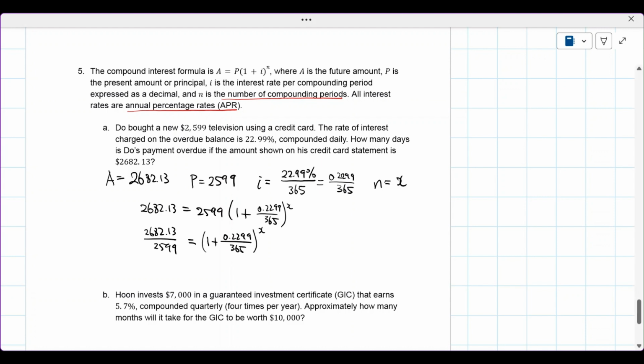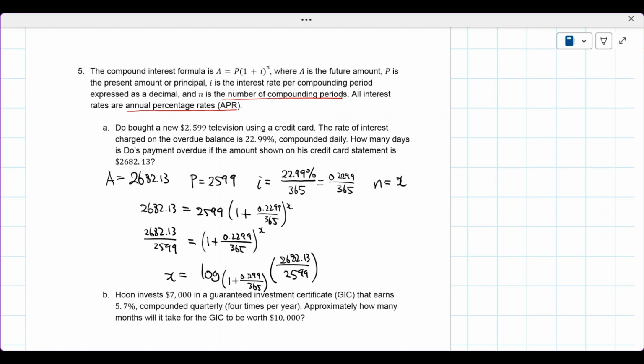Now, let's take the log on both sides to undo the base of 1 plus 0.2299 divided by 365. So my x is going to be, watch out here, log base (1 plus 0.2299 divided by 365) of 2682.13 divided by 2599. So let's put that into the calculator and see what we get.